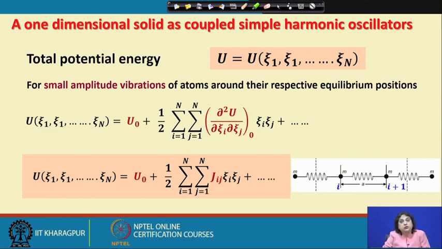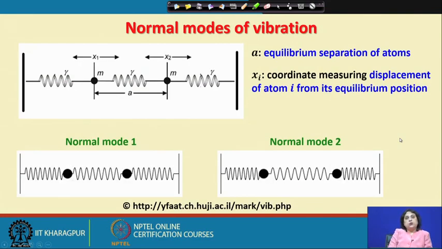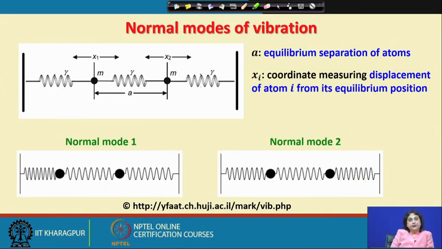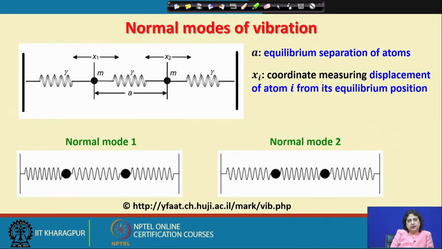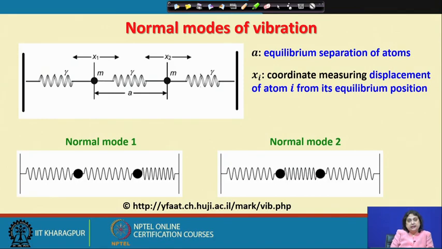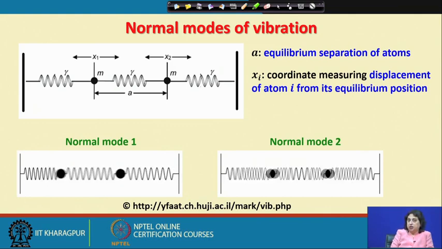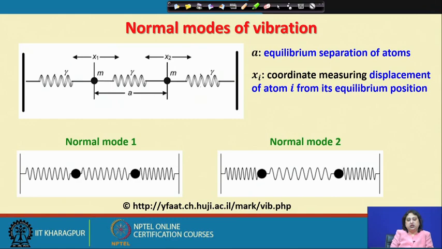We do not know how to solve the Schrodinger equation for this kind of system, even for a smaller number of particles. And therefore, what one does is try to figure out those combinations where I can treat these coupled vibrations as normal vibrations, which are a collection of vibrational modes executed independently of each other.